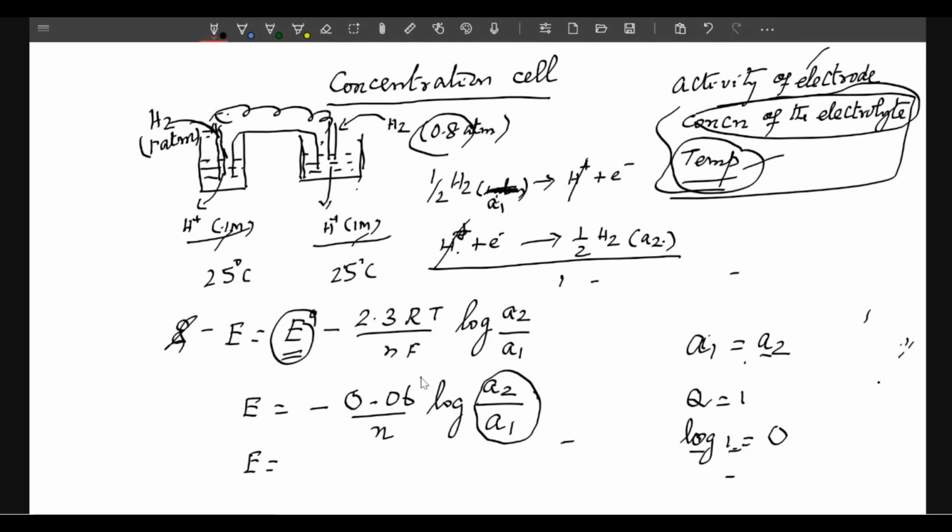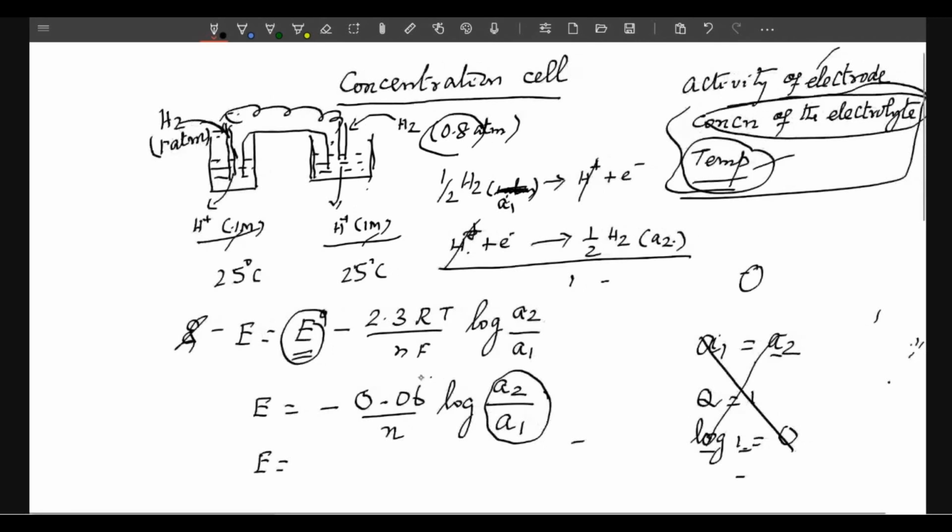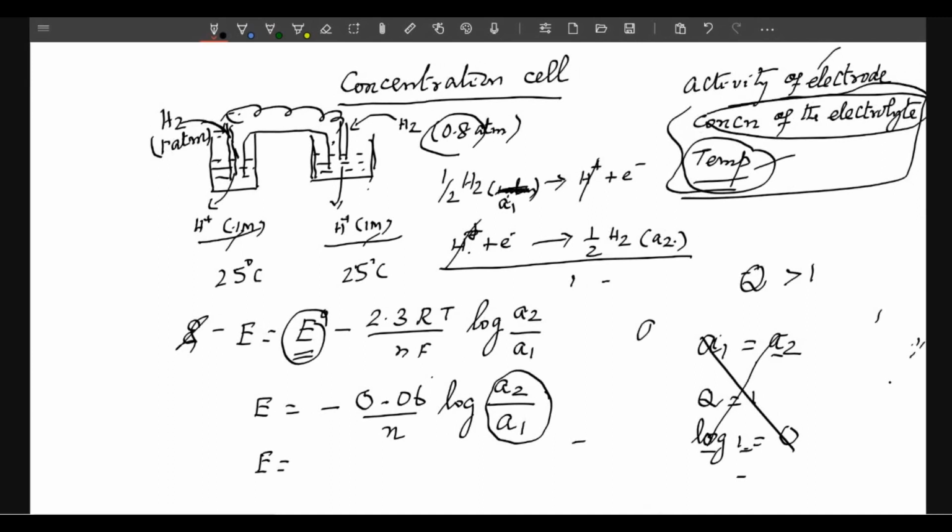Therefore, there should be a difference in the concentration of the electrode. And at what concentration would the E value be positive? For E to be positive, what should the log value be? How much would the quotient be? The quotient value may be greater than 1. When will it be greater than 1?